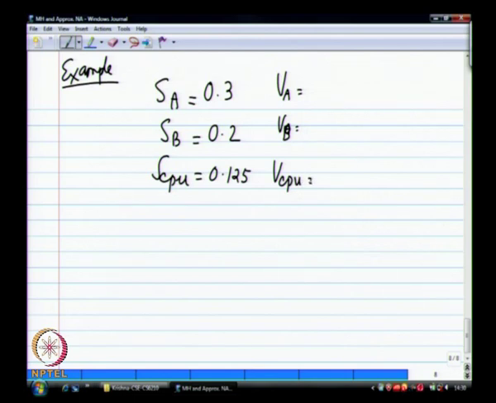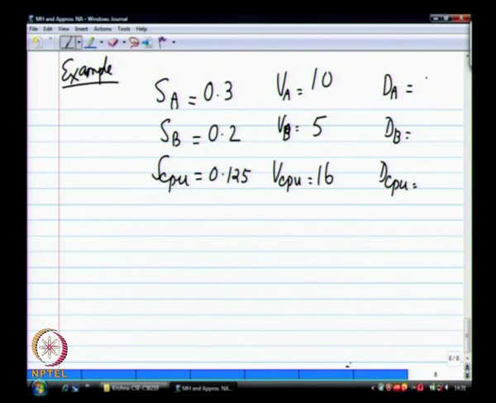So what were the visit ratios? This is 10, 5 and 16, remember 10 visits to disk A, 5 to disk B, and therefore CPU was 16, the same thing we did last class.